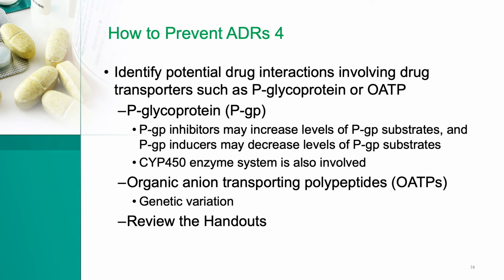Patients can have varying OATP activity due to genetic variation. For example, reduced responsiveness to montelukast, which is Singulair, is associated with a variant of the gene. Such genetic variation can influence susceptibility to drug interactions.